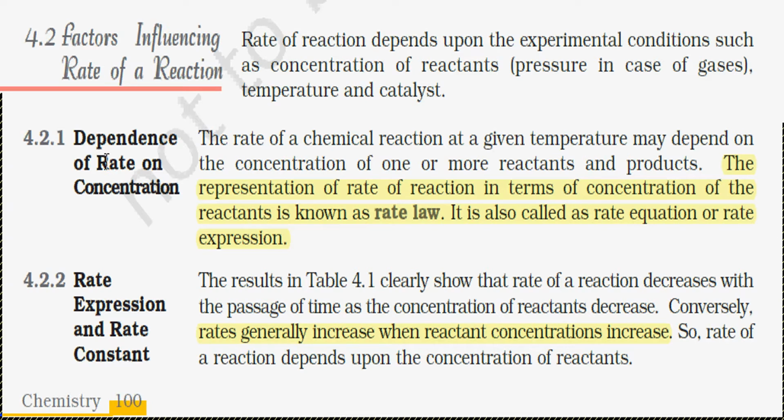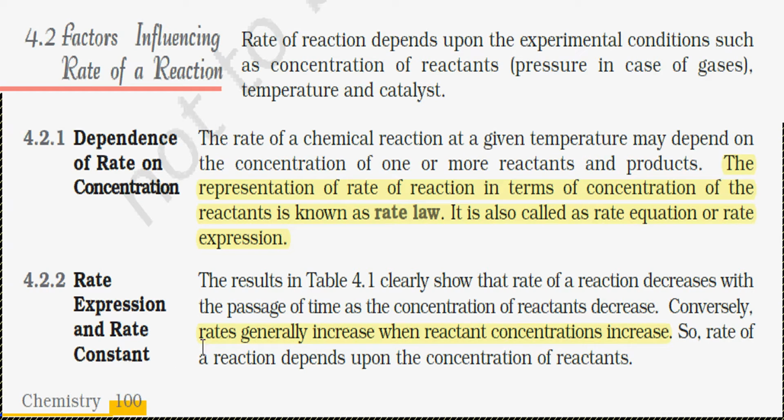Now we have dependence of rate on the concentration. The representation of rate of reaction in terms of concentration of the reactants is known as rate law. It is also called rate equation or rate expression. Now here we will discuss the rate law.